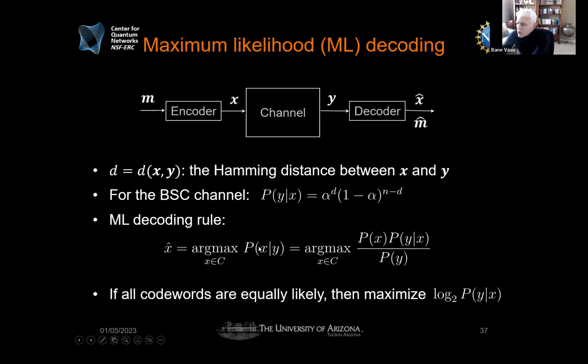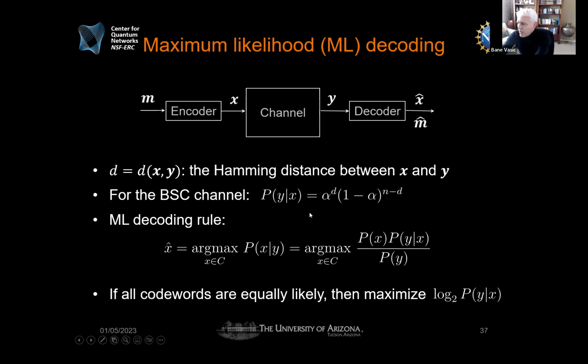So I hope you remember Bayes' formula, and that this conditional probability can be written in this way, where P of X is the probability of the input code word, P of Y is the probability of the output code word, and this P is the probability that is given by this formula.